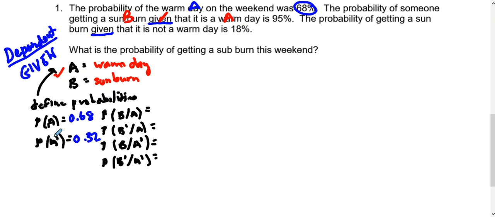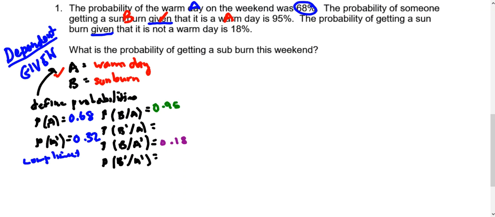To find my answers for P(A) and P(A prime), it's from the question. The probability of A is 68%. There it is. Now I can find the complement, and that's how I got the 32%. I'm going to push pause again, and I'll tell you what the given probabilities are in a second.